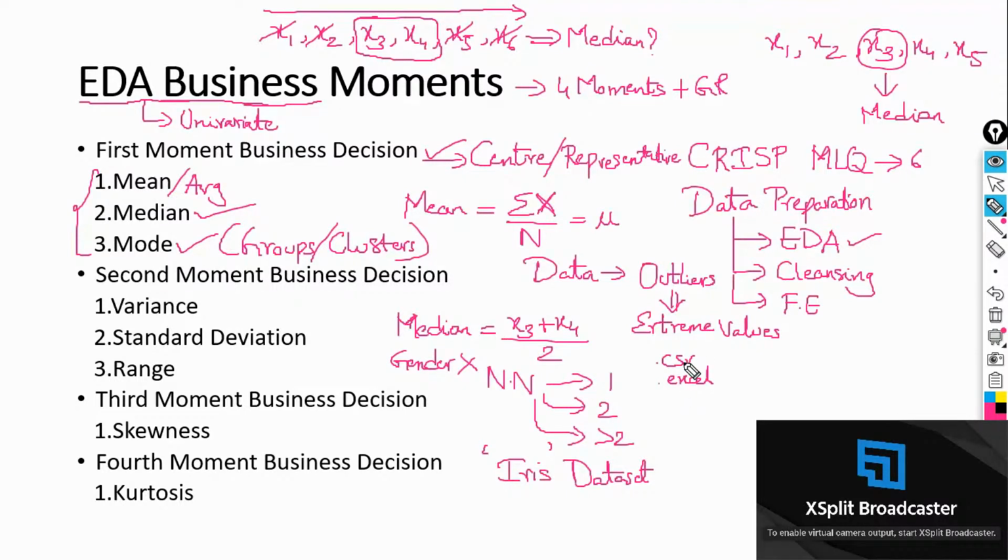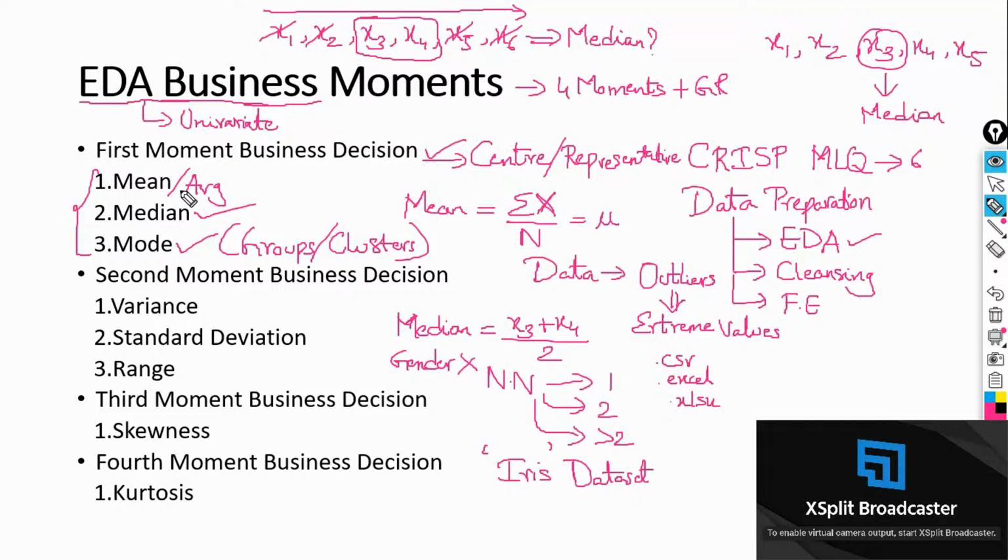For .csv files, we are supposed to use the read_csv function from pandas. For .xlsx, nothing but Excel files, the function is read_excel from pandas. So you have to do hands-on after the session. The syntaxes are very simple.